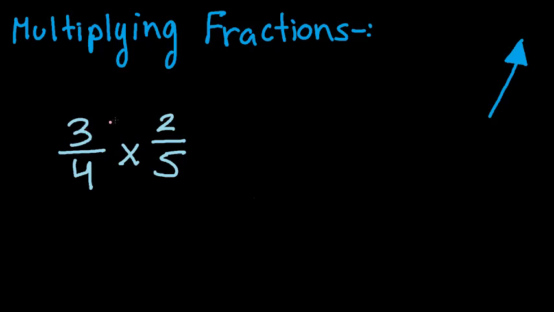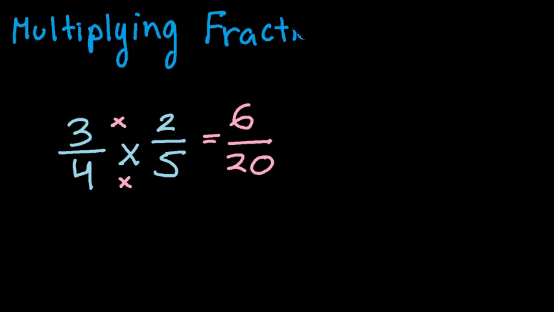So you just do 3 times 2 and 4 times 5. You would just multiply across, top to top, bottom to bottom. So 3 times 2 would be 6 and 4 times 5 would be 20. It's not really hard to understand. Pretty easy, self-explanatory. I don't think we're going to need to work on any more examples, but I am going to show you a trick right here.